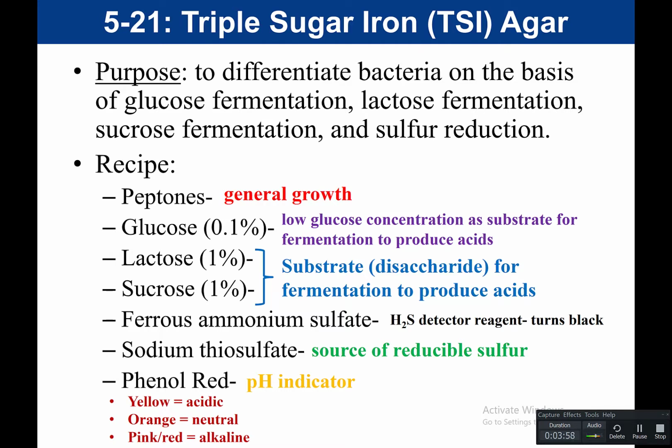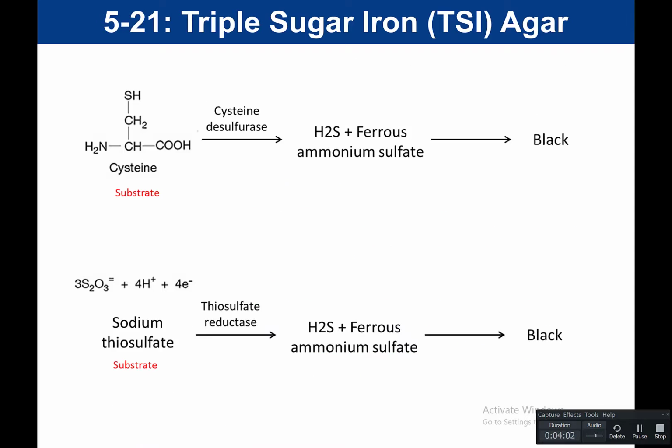This test has multiple parts. So when you're doing your biochemical sheet for the TSI, my recommendation would be to do one for the sulfur reduction and another one for the sugar metabolism.